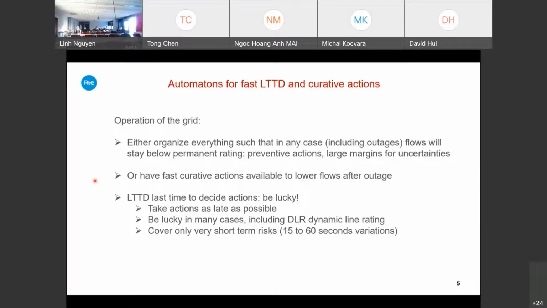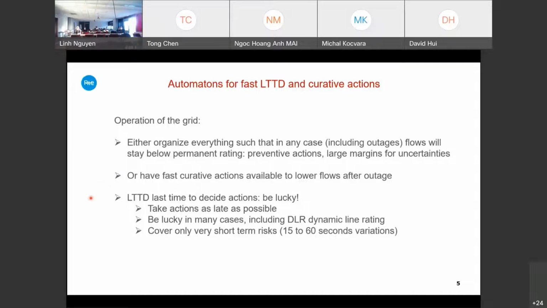The capacity is exceeded for a few minutes, but it takes a few minutes for the line to be too hot; the heating process is dynamic. So we use this thermal inertia of the metallic equipment to take very fast curative actions. But then we need some process, some device, some automaton, some software to perform this very fast curative action.